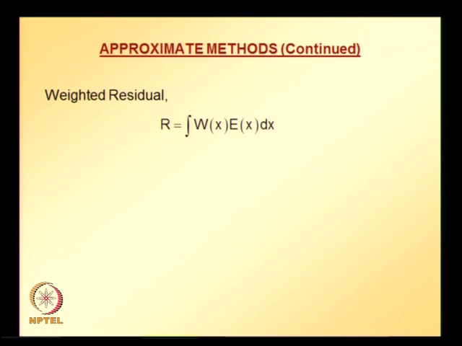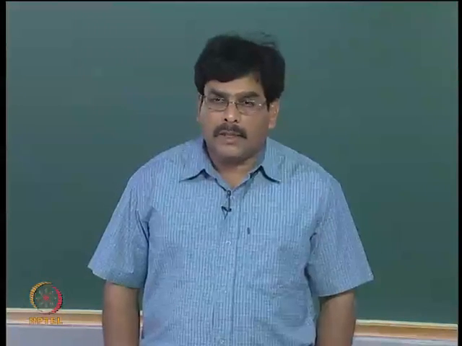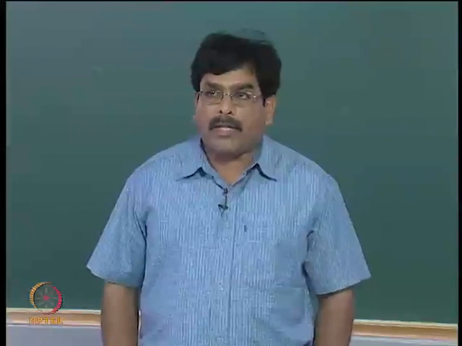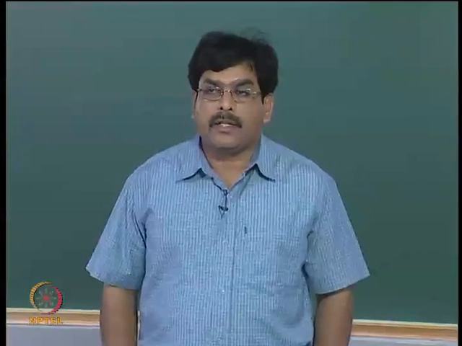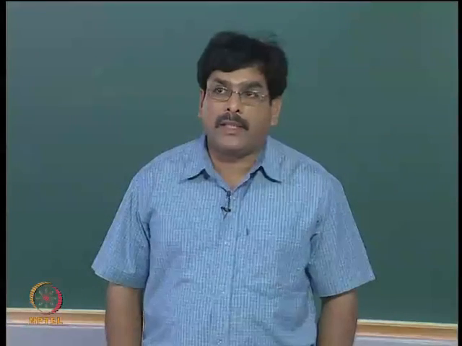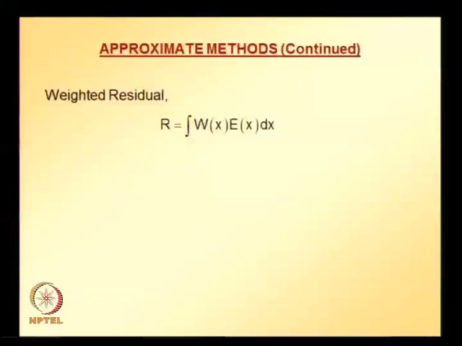The simplest weight function is the residual itself, because the main purpose of this weight function is to avoid error cancellation, or to make the error positive. If we take a quantity, whether it is positive or negative, when we square it we are going to get a positive quantity. So that is why the simplest weight function that we can have is the residual itself.